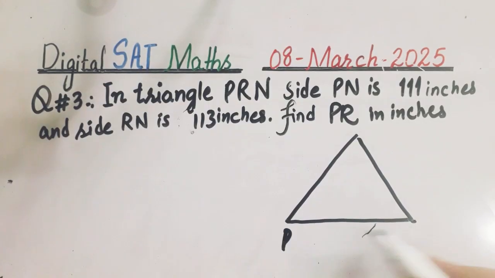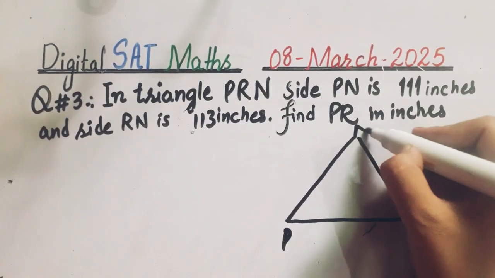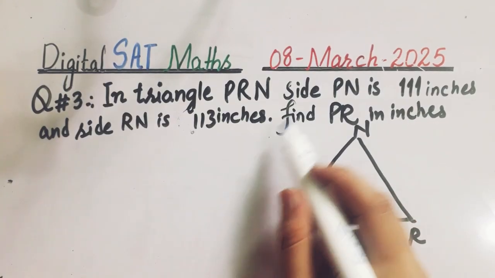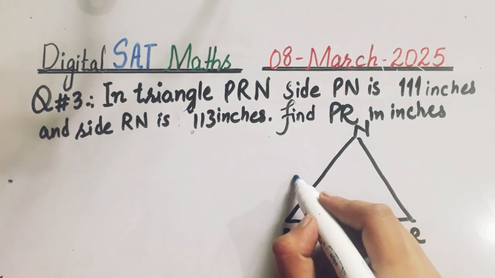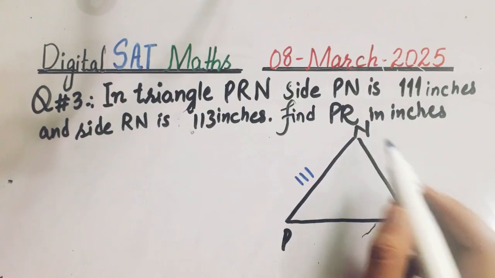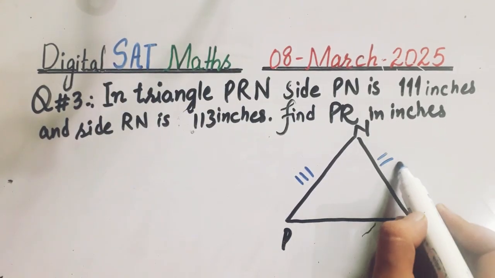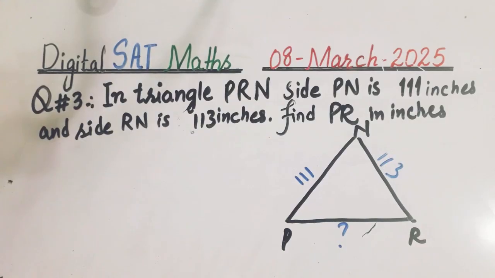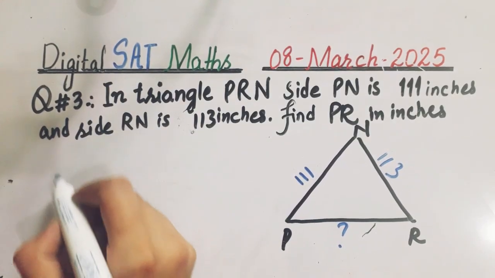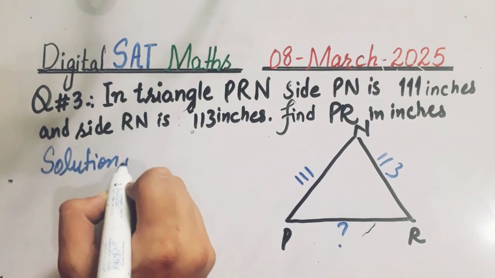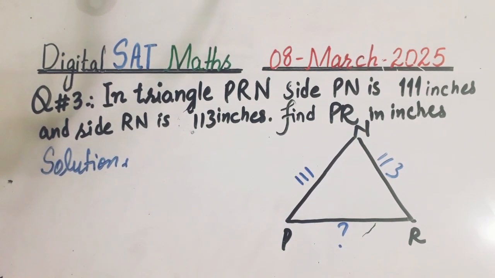Let's consider this is P, this is R and this is N, and length of PN is 111 inches and RN is 113, and you have to find the length of this. So we cannot find the exact value. We will use the trick to solve this.